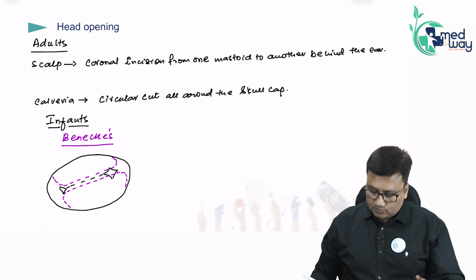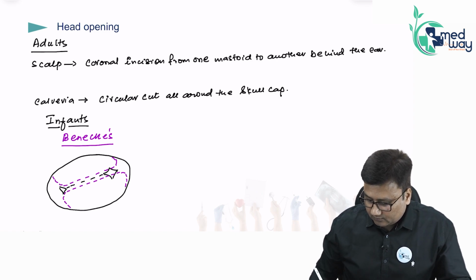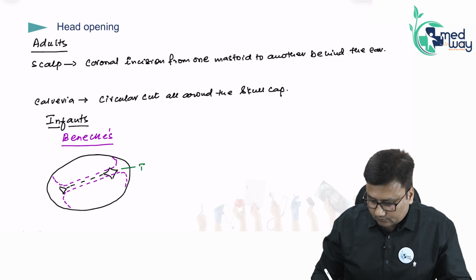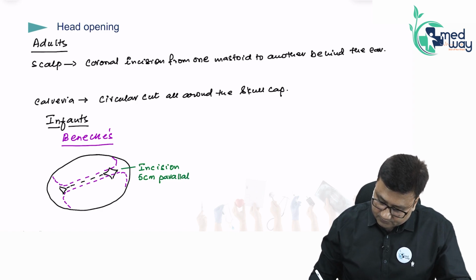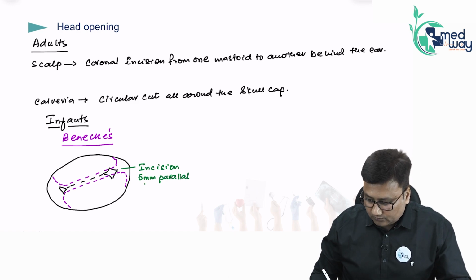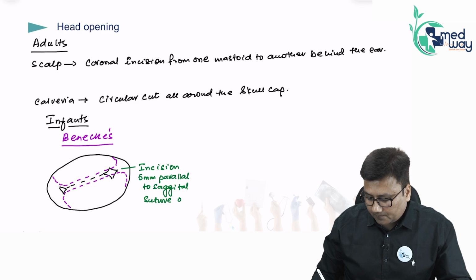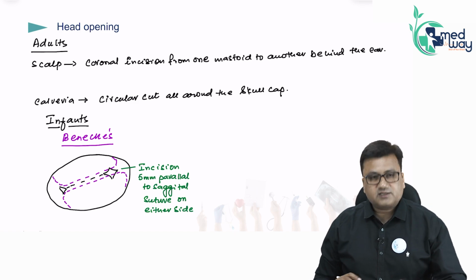right. So, this incision is given 5 millimeter parallel to sagittal suture on either side, right.